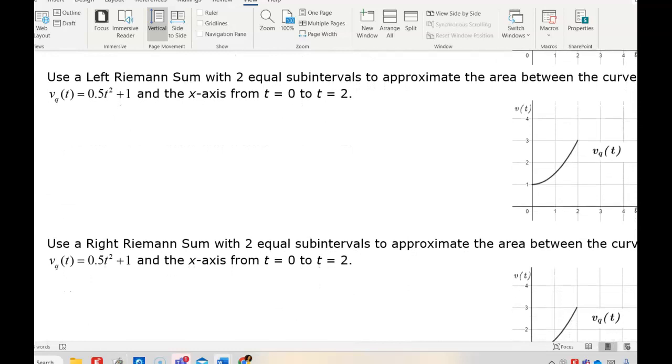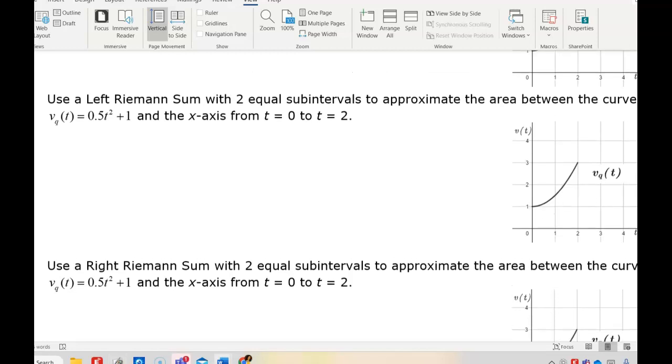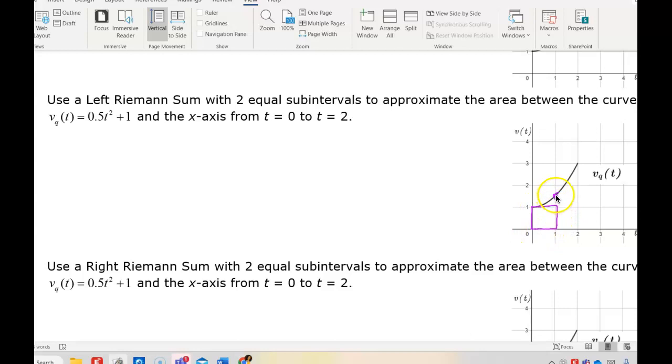What happens if I say instead of one subinterval, I want to use 2 subintervals? So now, left Riemann sum, but I have 2 rectangles. So my delta x would change to 1. Now my area is 1.